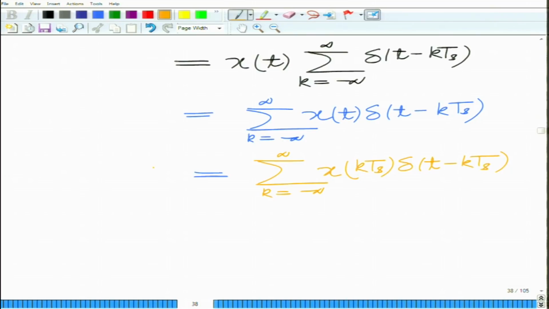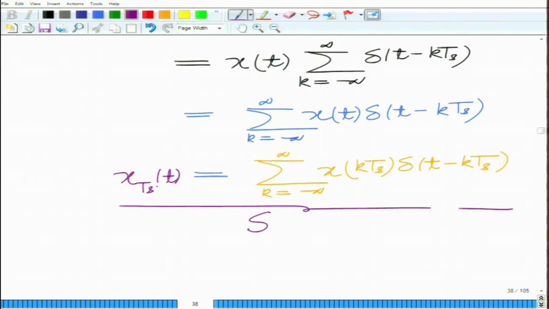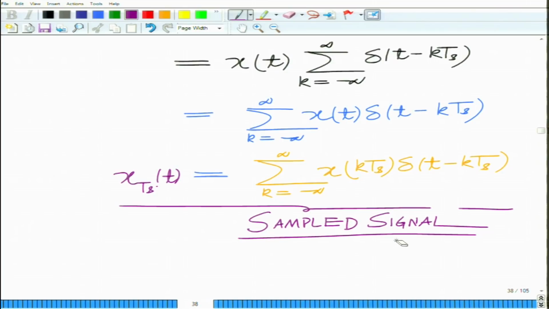Okay. So, this is basically the sampled signal.